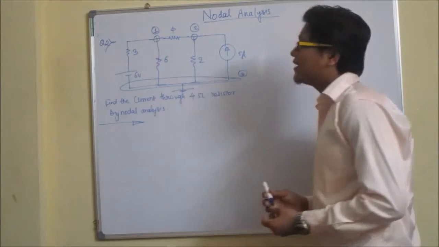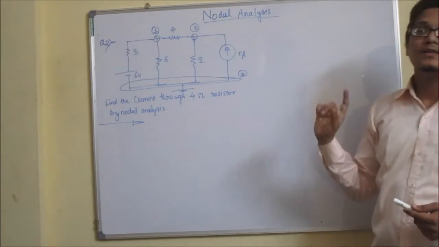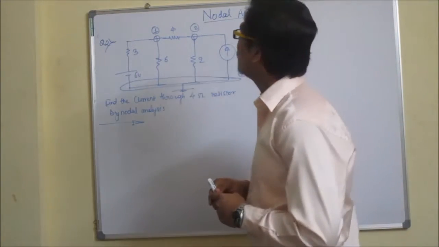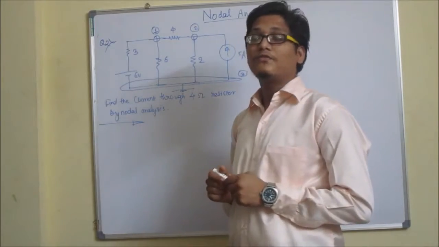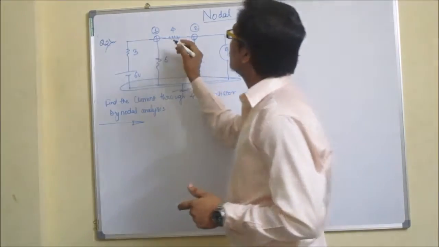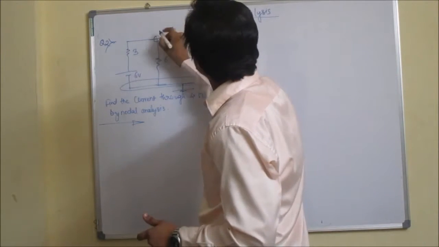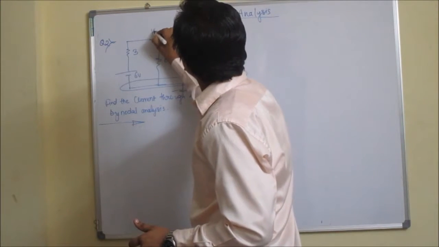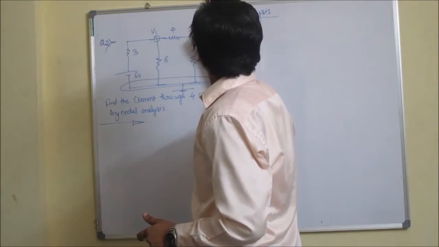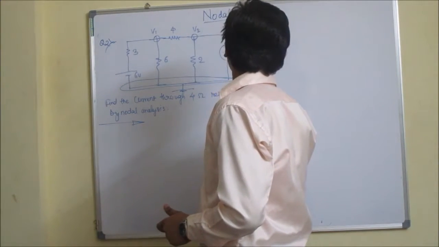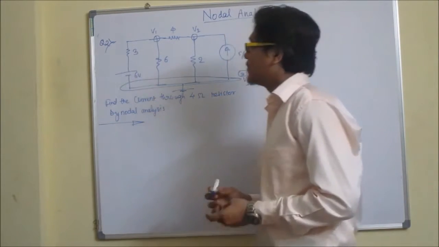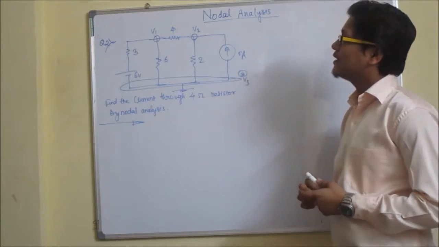Then we have to mark the potentials of the nodes. I will mark the potentials of these nodes as V1, V2 and V3.